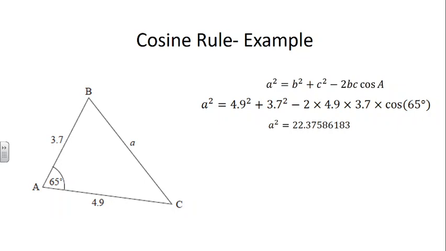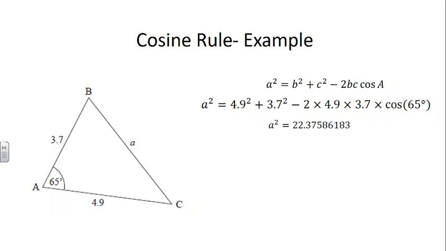So that makes A squared here. If you didn't get that right, just check that you're putting a times sign in all the appropriate places and that you haven't put any unnecessary brackets in. So that gives us A squared. Now, a common mistake is that sometimes people forget to square root this and just write that down as their answer. Look at your triangle. 22 is way out compared to the other two lengths.